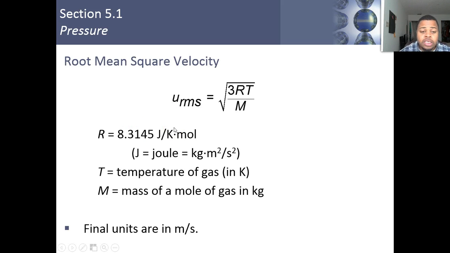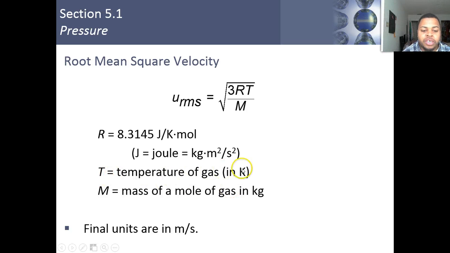Now, this leads us to our last little bit where I was talking about the velocity of those molecules. There's a way for us to actually determine the velocity of the molecules within gases, based on these factors. We have our gas constant, which you notice that now we have switched our units. So we have 8.3145 joules per kilogram times Kelvin, sorry, per mole times Kelvin.